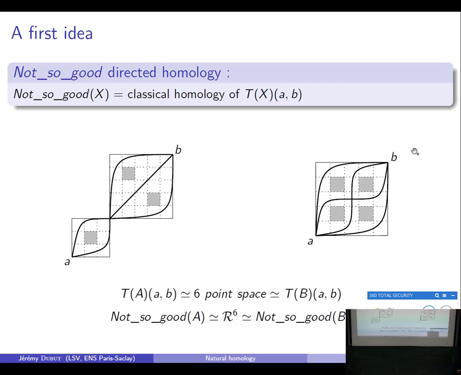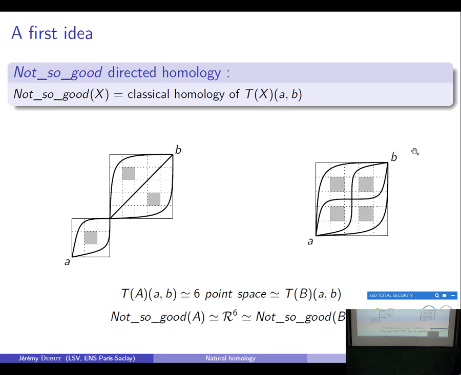And for example, if you consider the geometric realization of a concurrent system, such as those spaces, we can say, okay, just look at the trace space between the endpoints, which somehow will give you the maximal execution of your system. And say, okay, homology of such a space will be just the homology of the trace space between those points.